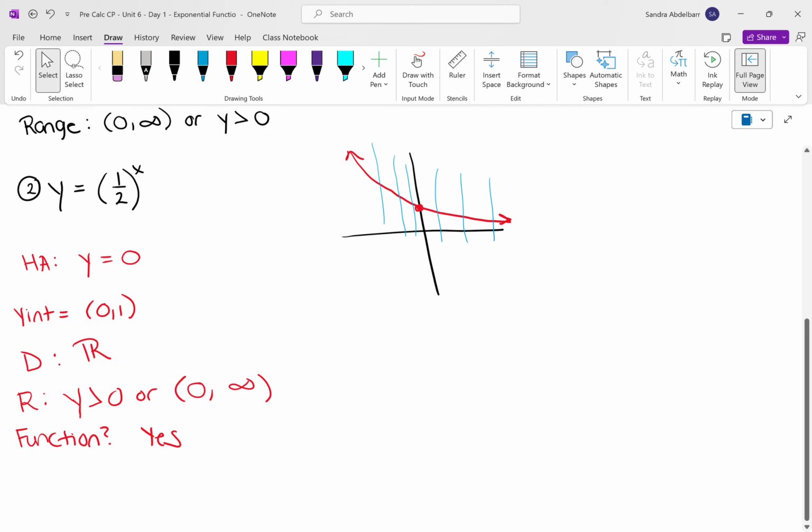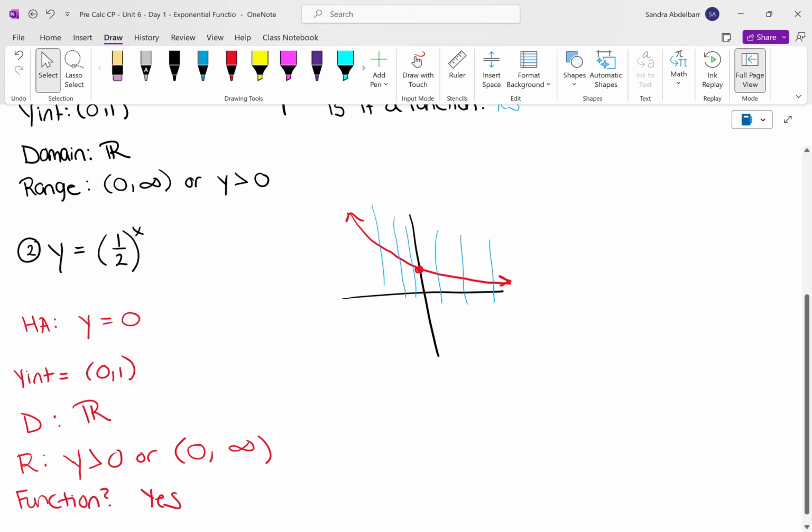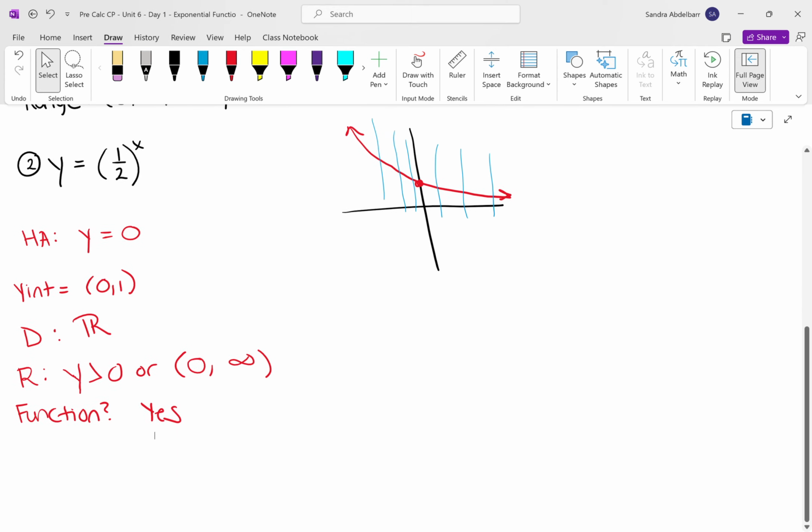Okay, so now we're going to talk about shifting. I'll let you all copy this.